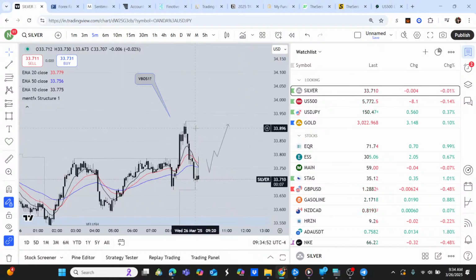Yeah, I don't like how that closed. This candle's closing right there. Let's see what the next candles do.